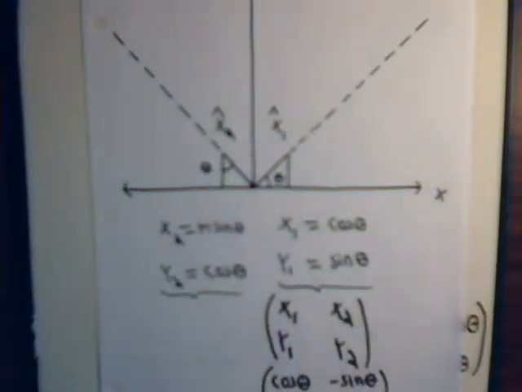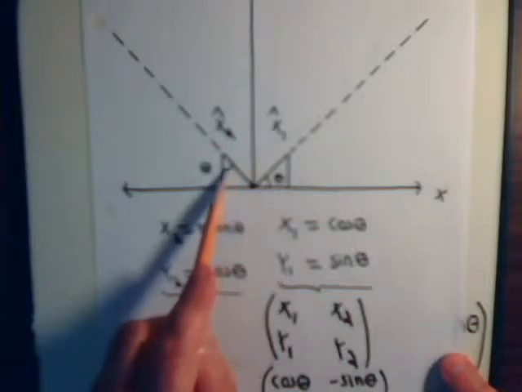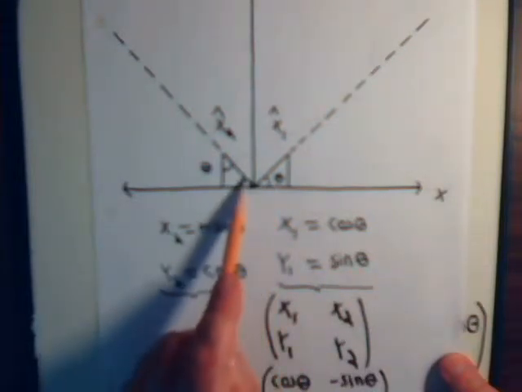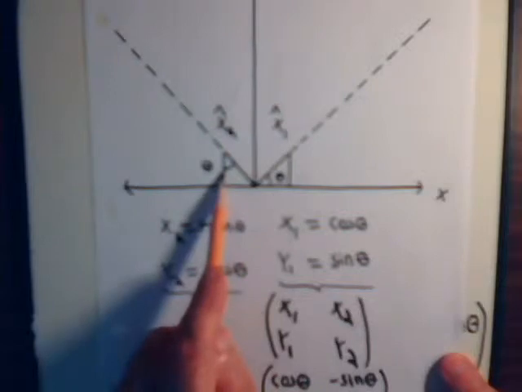And how it comes out like that is very straightforward. If this angle is theta, then this angle right here has to be theta. This is 90 degrees, so if this is theta, this angle is 90 minus theta, so this one has to be theta.